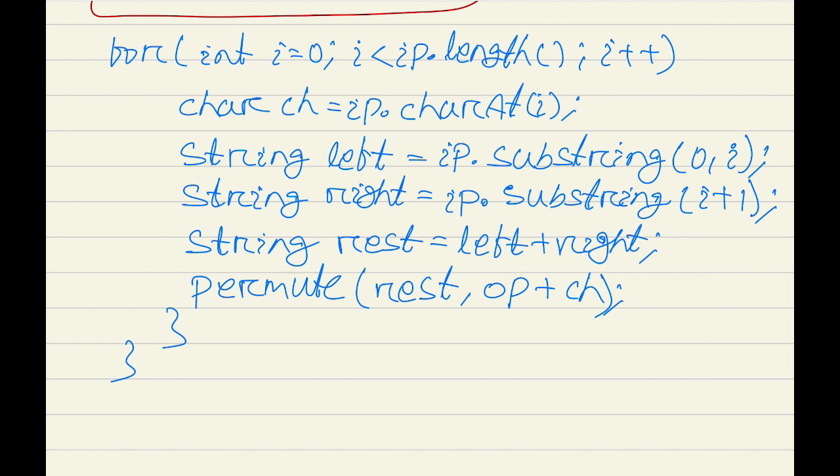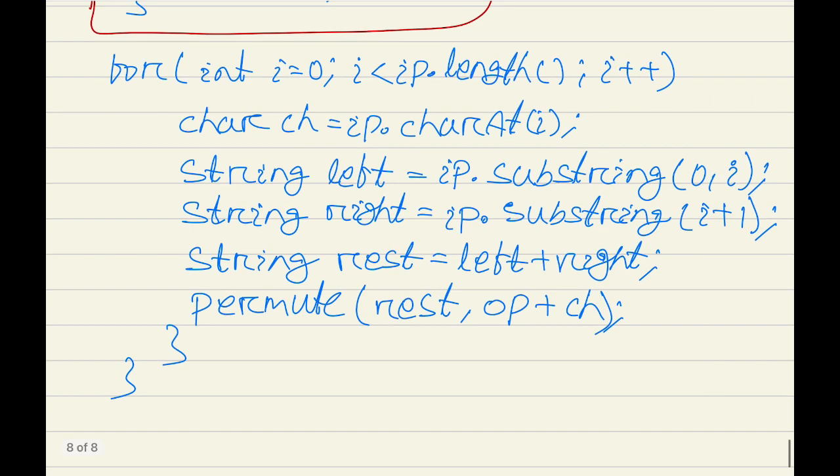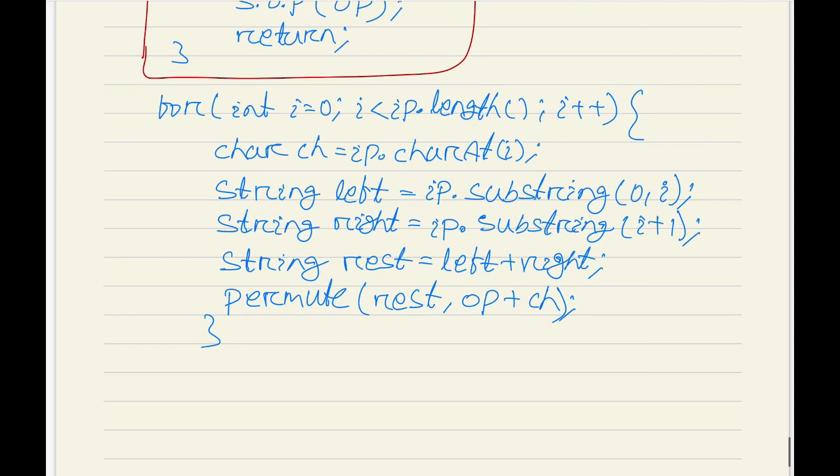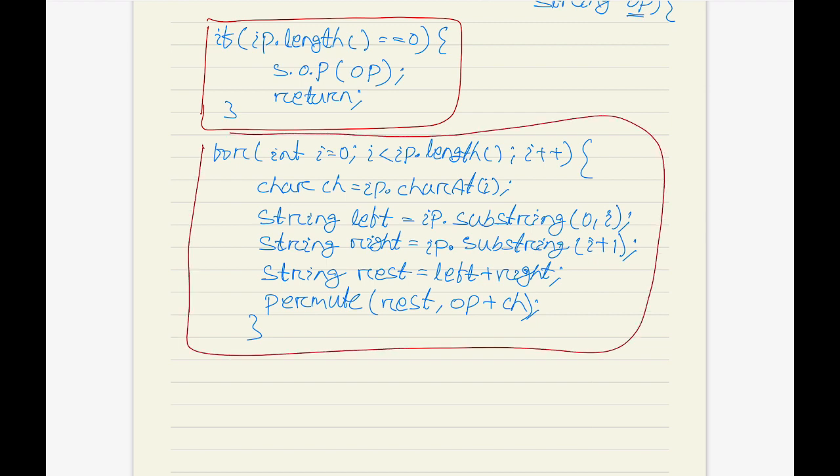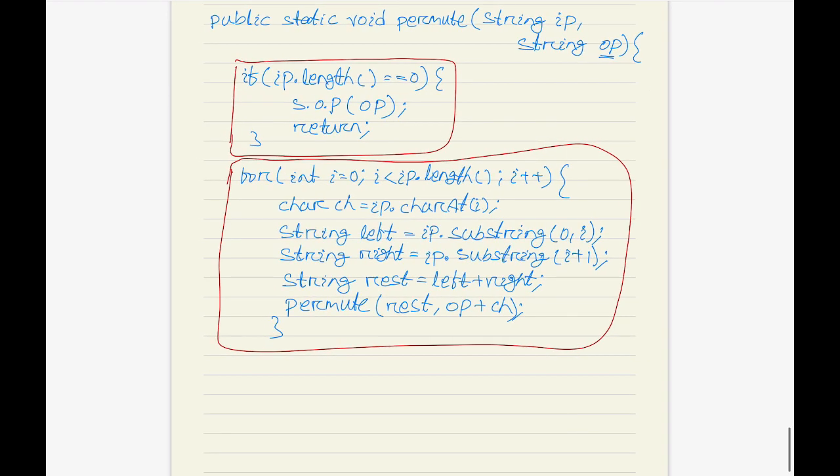So this is all about the for loop, and this is all about the recursive case: select one character and reduce the problem. So we can write the complete program, and here we have the end of the permute method.